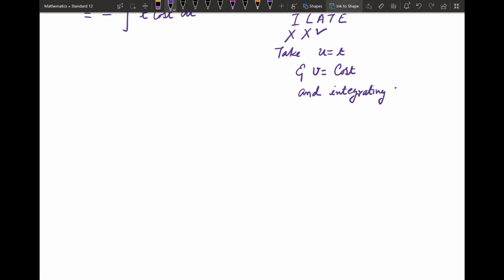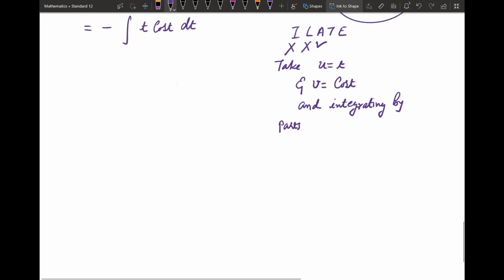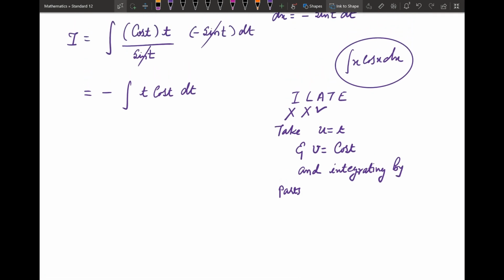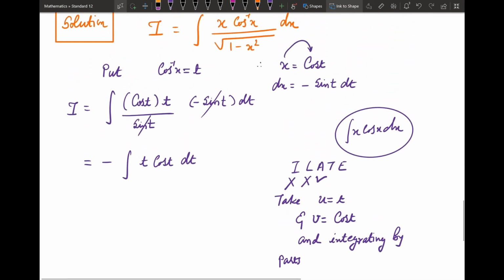After integration you have to convert t in terms of our original variable x.